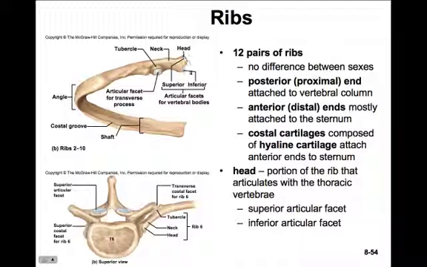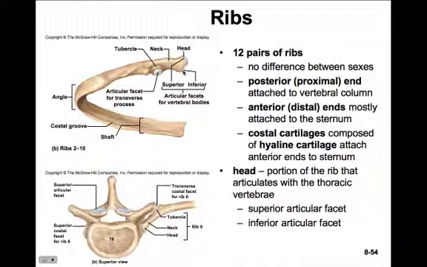The head has the two articular facets that will go into the articular facets of each thoracic vertebrae. They have a superior articular facet and an inferior articular facet. The superior articular facet of the rib will match up with the inferior articular facet of, say, the T6 vertebrae, and the inferior articular facet will match up with the superior articular facet of the vertebrae below.